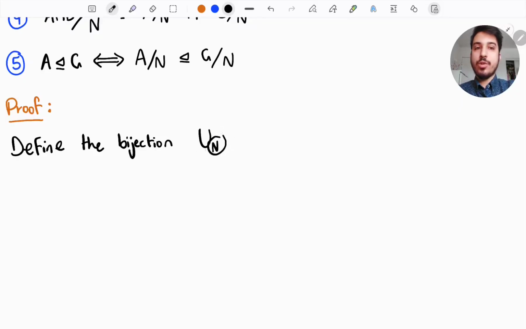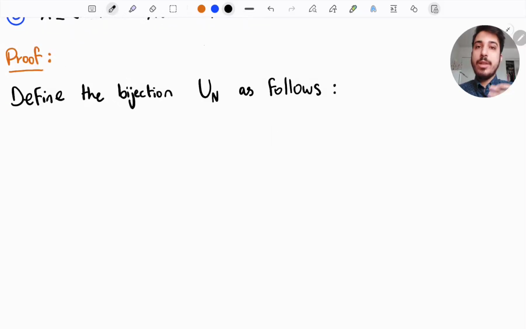So if I change the choice of N, this map will change based on that N. Define the map U_N as follows. And now we need to define the domain and the codomain of this map. The domain of this map is the subgroups H of G such that H contains N.